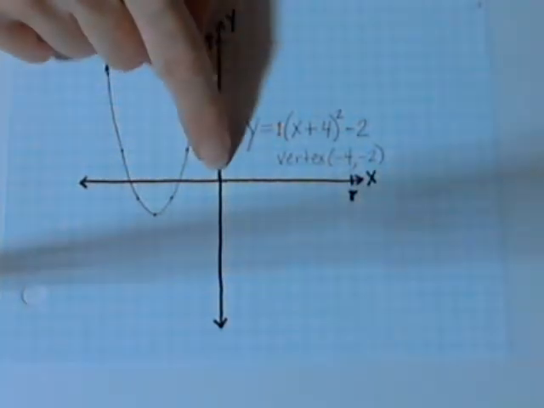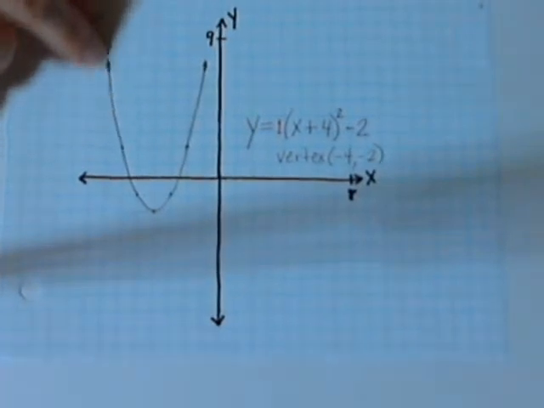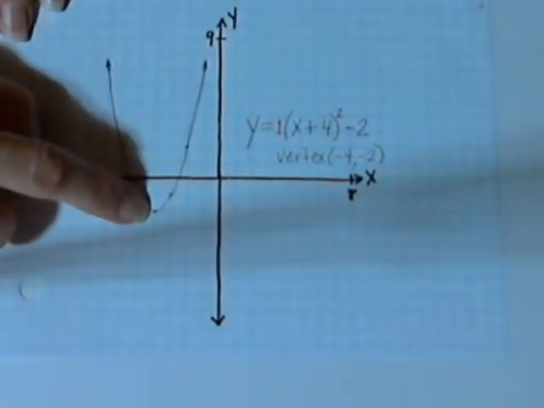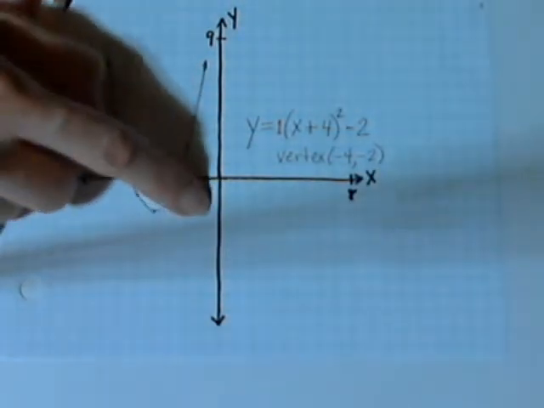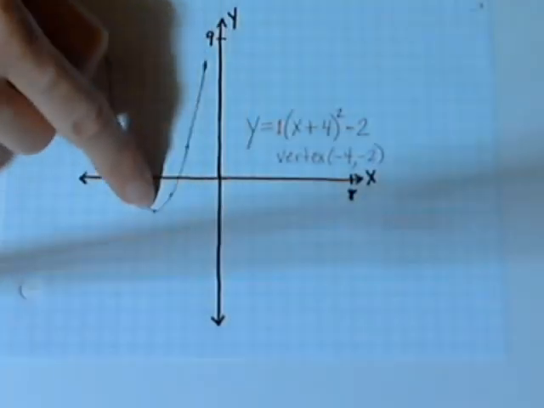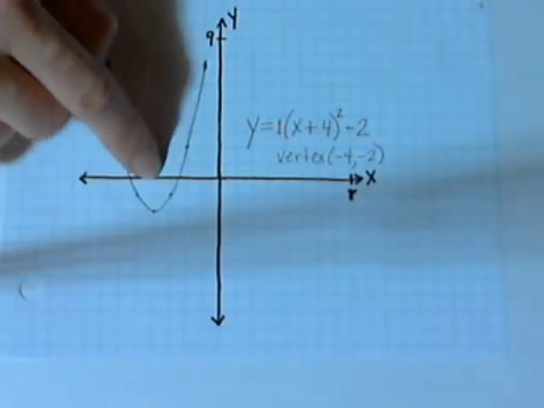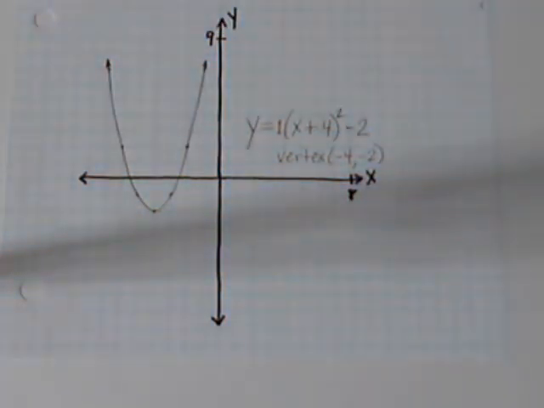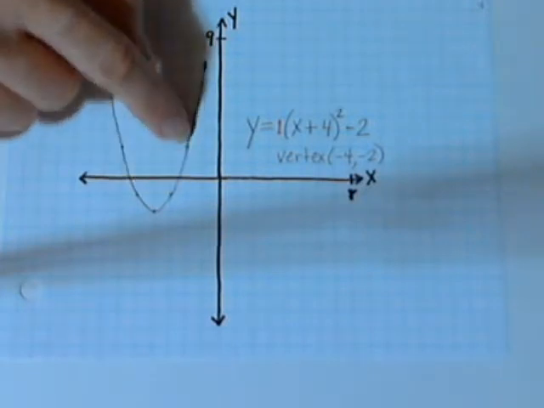So I begin at (-4, -2) for my parabola, and here are those points that I told you about. They have the same relationship to the vertex: over 1 and up 1, over 2 and up 4, over 3 and up 9. So it's almost as if you have moved the origin here. If you look at your vertex, over 1 up 1, over 2 up 4, because we have squared the x value to get these other points.